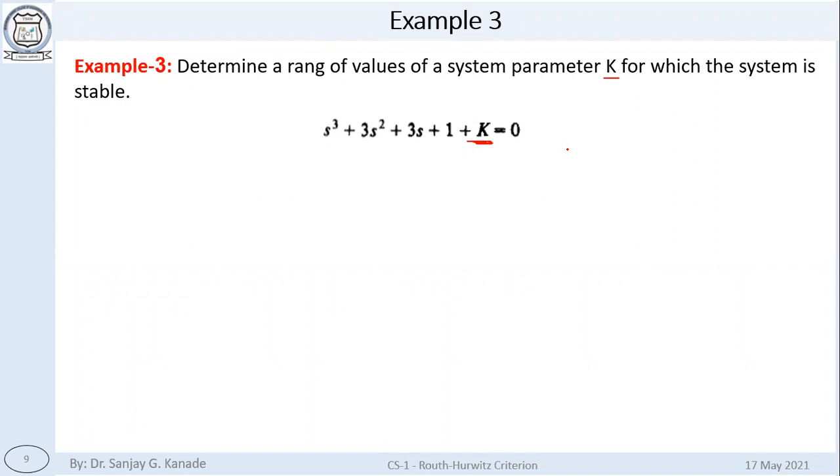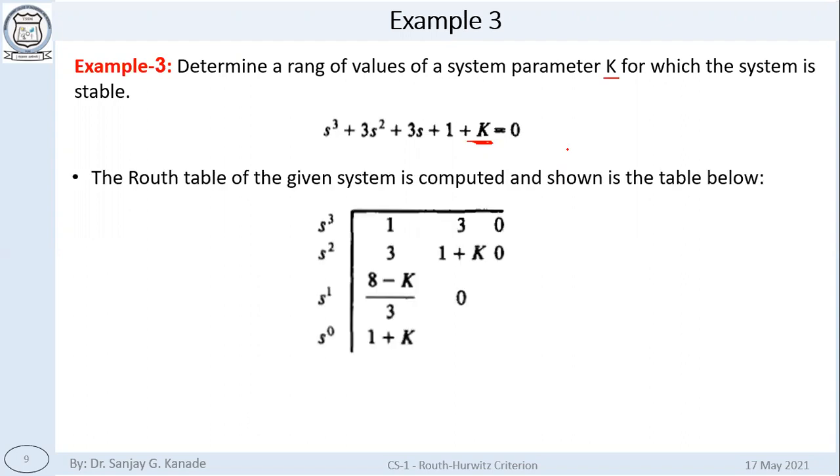Now, what we have to do in this case is we have to calculate the Routh array, and obviously we cannot get absolute values in the Routh array. There will be some terms with k in that. And then we have to apply the condition for stability, that is no sign changes in the first column. So let me show you how it will be done.